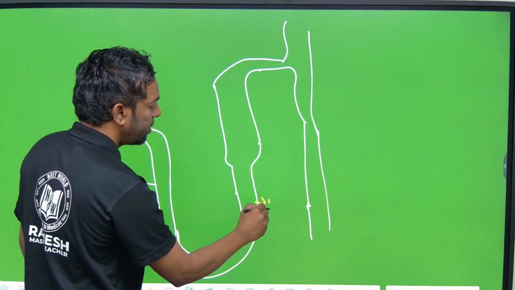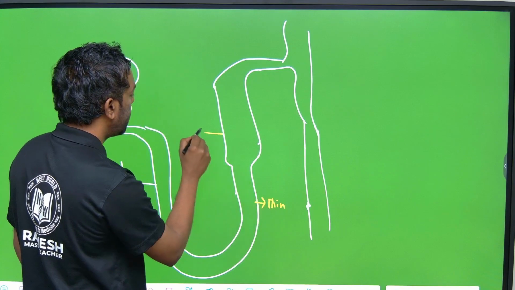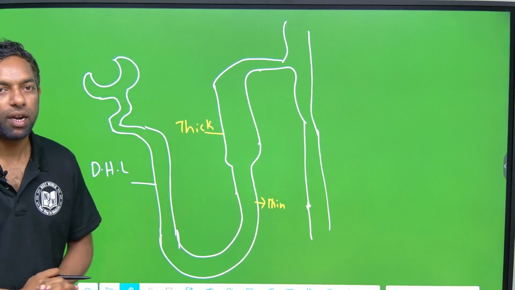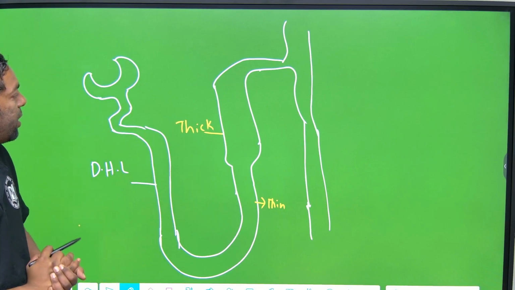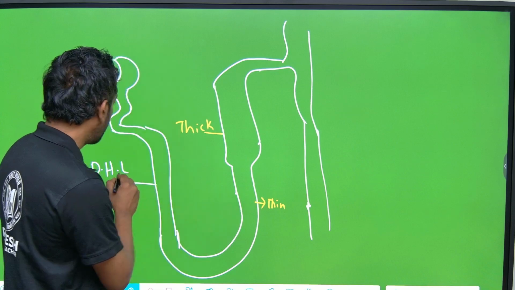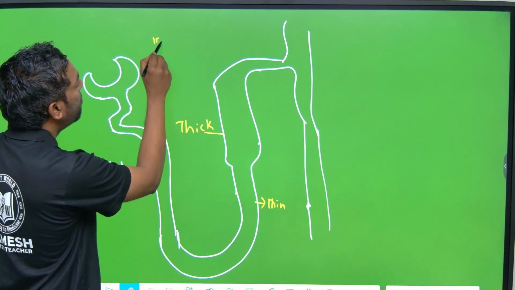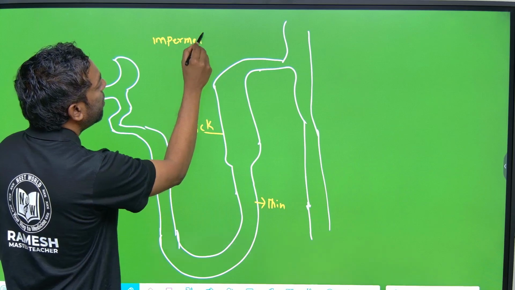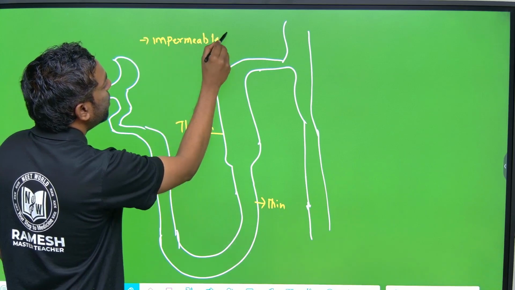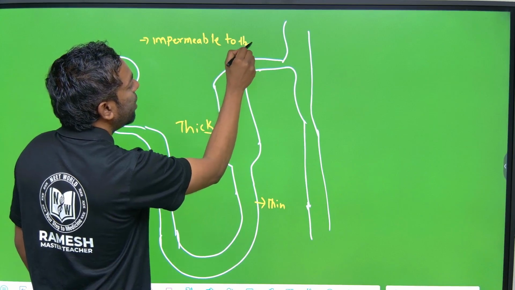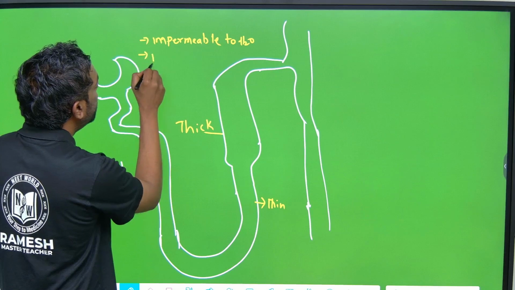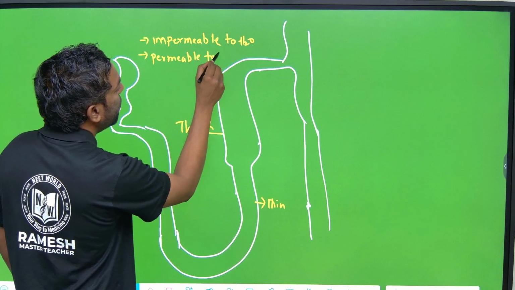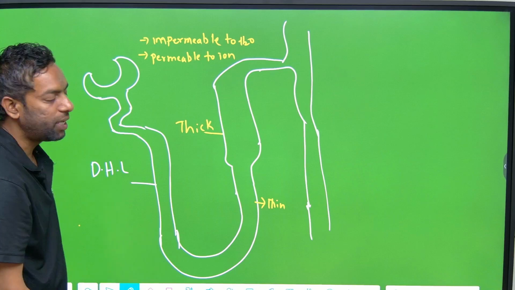This is thin, this is thick. Mainly it is impermeable to water and permeable to ions. These are the conditions here.